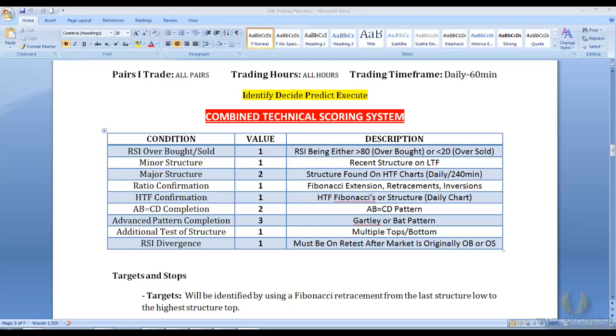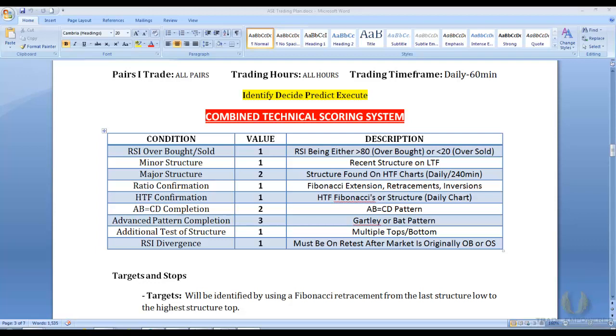The key point I want to make with this is, again, you're consistently looking for the same things in the market each time, and you're running through that checklist the same way. That's the key. It's not so much what's in it, it's the process of you going through it time in and time out. So I'm going to run through these conditions real quick, and then I'll explain the point value later.